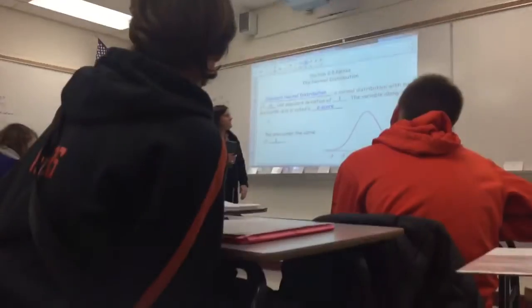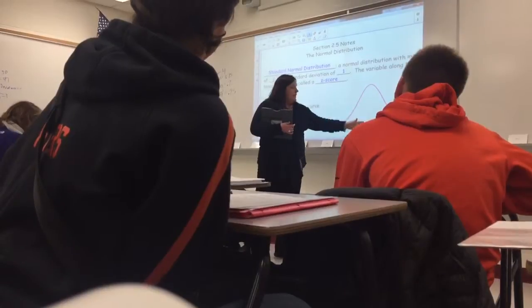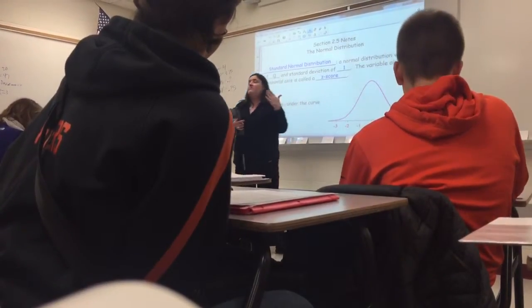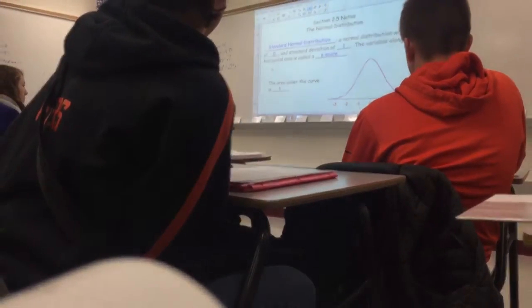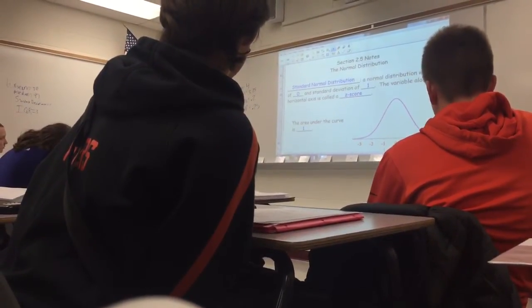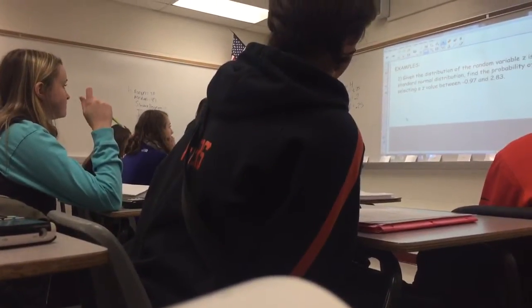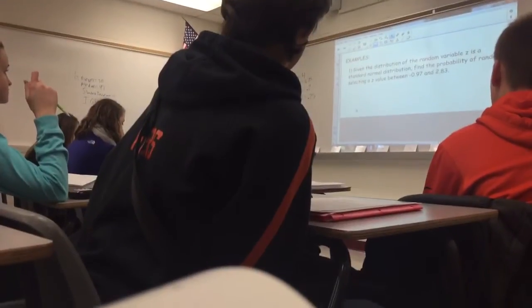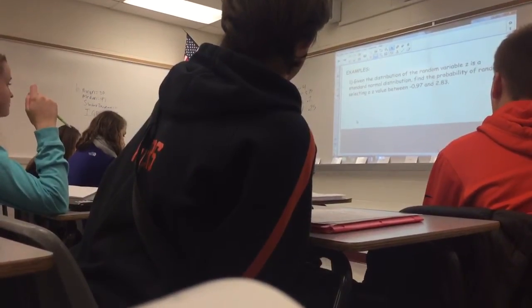Okay? So the mean is in the center at 0, and most of your data falls within about 3 standard deviations from the mean. Okay? So, we want to find the probability of choosing a value that falls between negative 0.97 and 2.83.